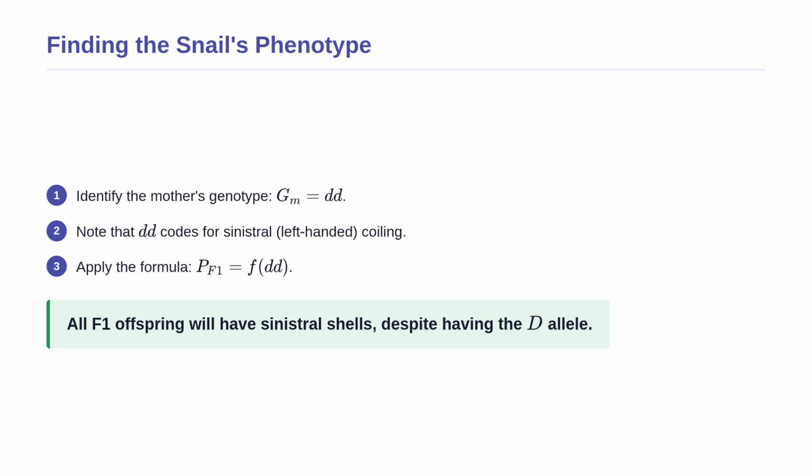By applying our formula, we see that the mother deposited proteins into the egg that forced the early cell divisions to spiral to the left. This permanently sets the shell shape before the offspring's own capital D allele could turn on. The final answer is that all the offspring will have sinistral shells, perfectly illustrating the maternal override.